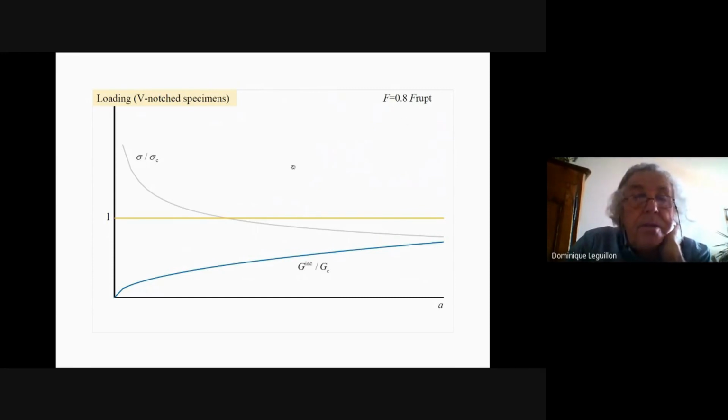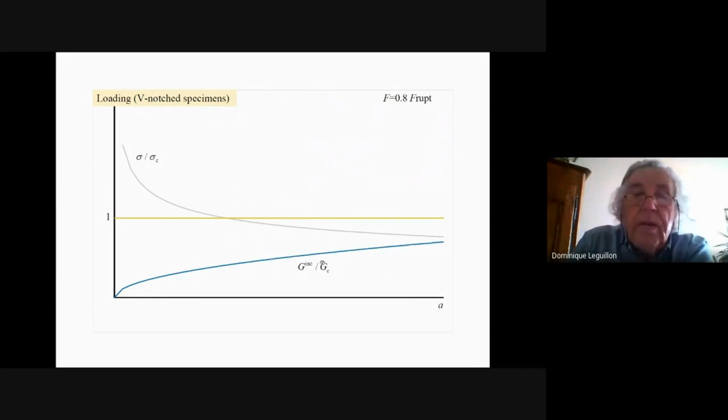You see that the stress condition is fulfilled for A between 0 and this point, okay? And the energy condition is fulfilled far on the right of this figure, and there is no match. There is no common point which fulfills simultaneously the stress condition and the energy condition.